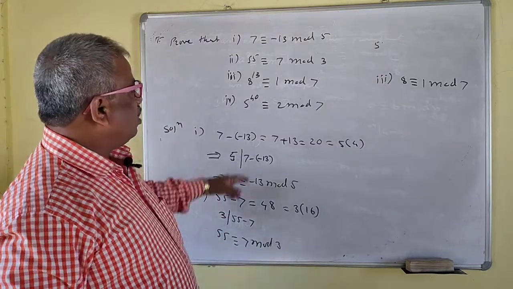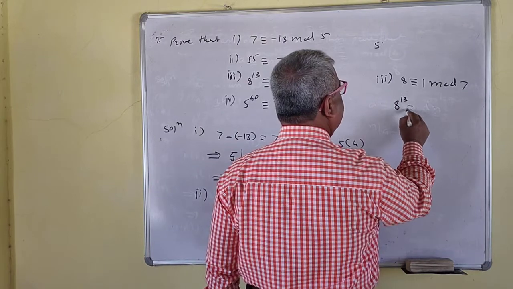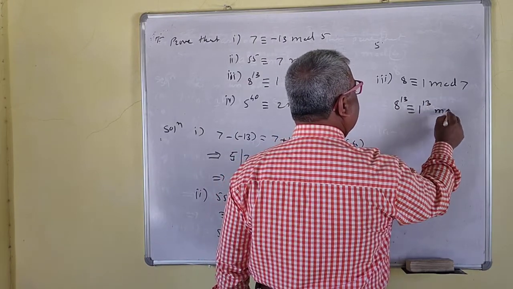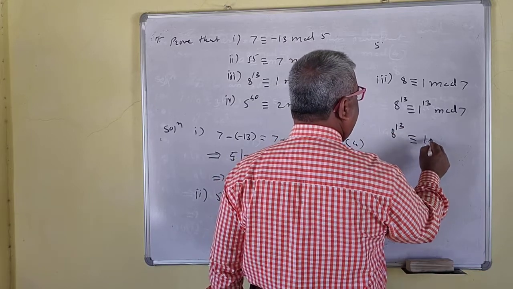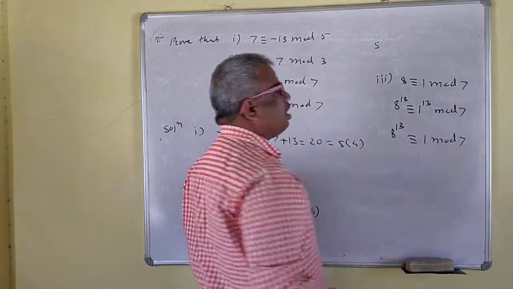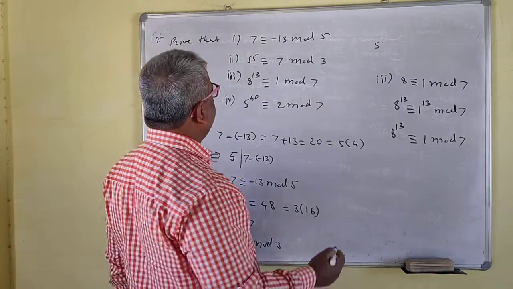Now we'll take the power 13 on both sides. This is congruent to 1 raised to 13 mod 7. So 8 raised to 13 is congruent to 1 mod 7. So we have proved it. Very simple.